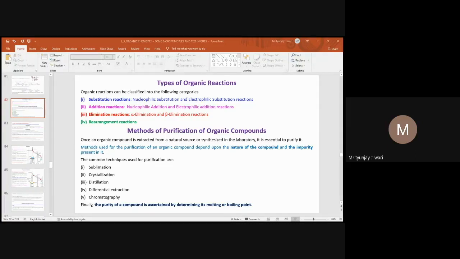The one which is least absorbed onto the stationary phase will move faster, and the one having the highest extent of absorption, the strongest interaction with the stationary phase, will move least. So after a certain time we will see different bands of different organic compounds in the column.